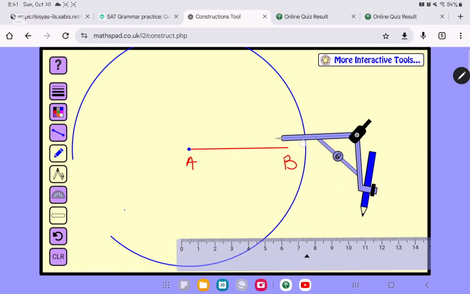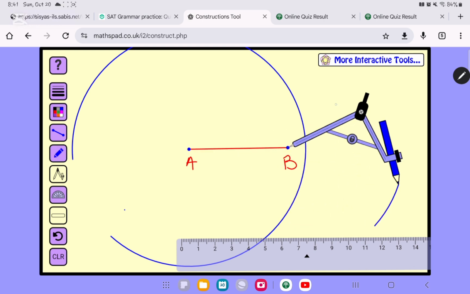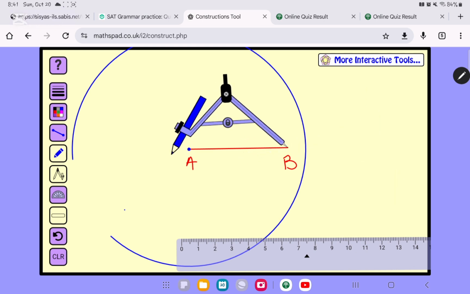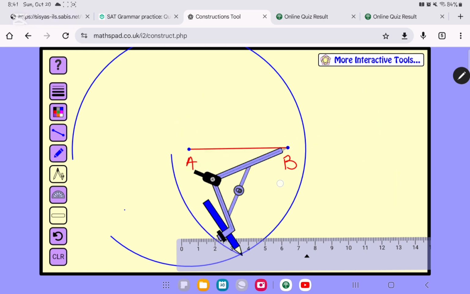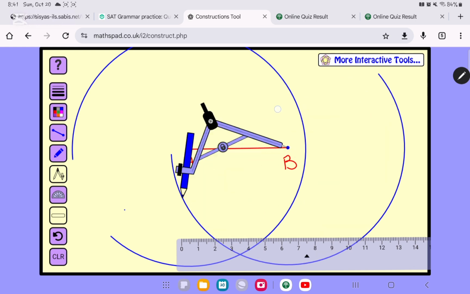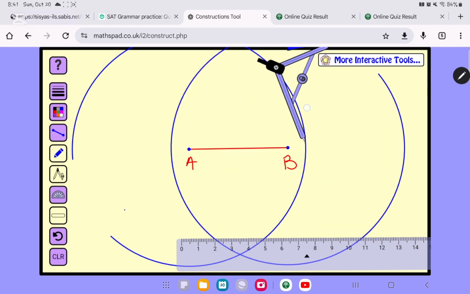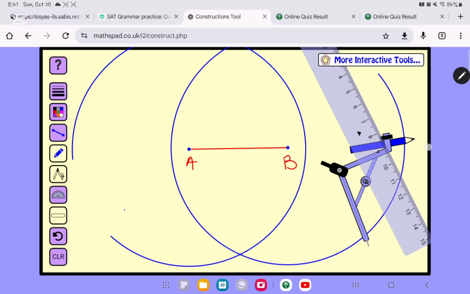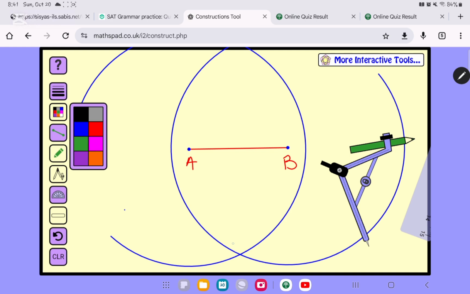First this arc, then from center B, we're also gonna draw an arc. So now we have 2 big arcs and they meet at 2 points. We're gonna call this point over here D, and this point up there we will call C.